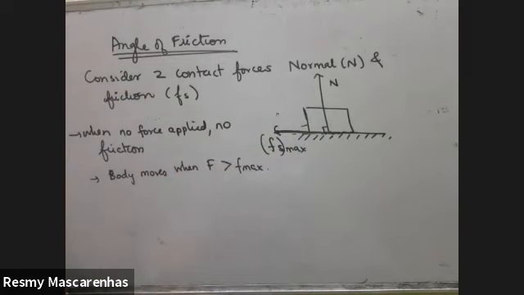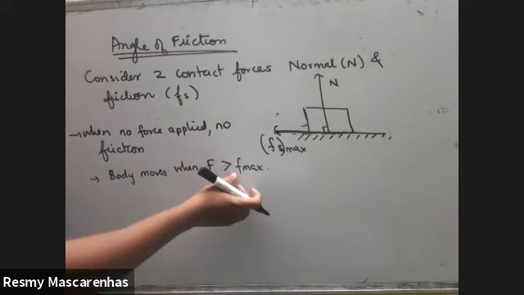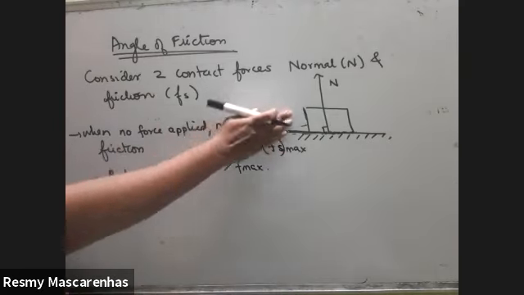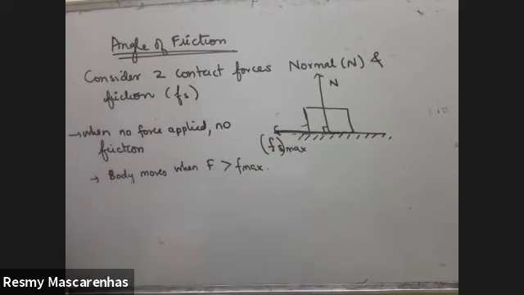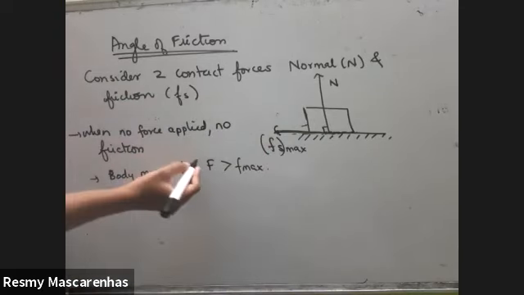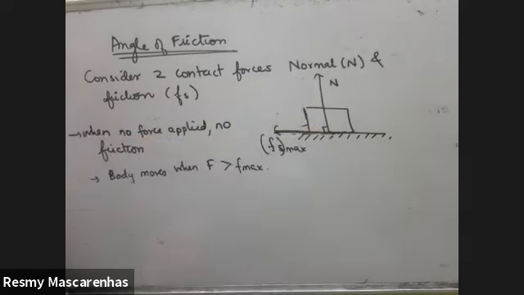When will friction come into the picture? Whenever you're applying some external force, and the body will move. Whenever your applied force overcomes the static friction force, the body will start moving.